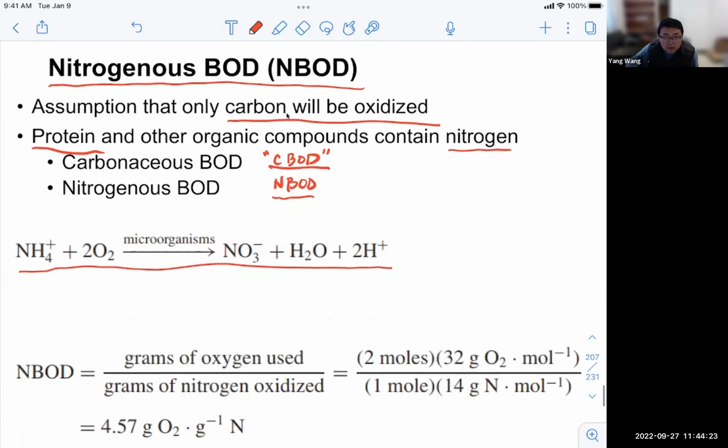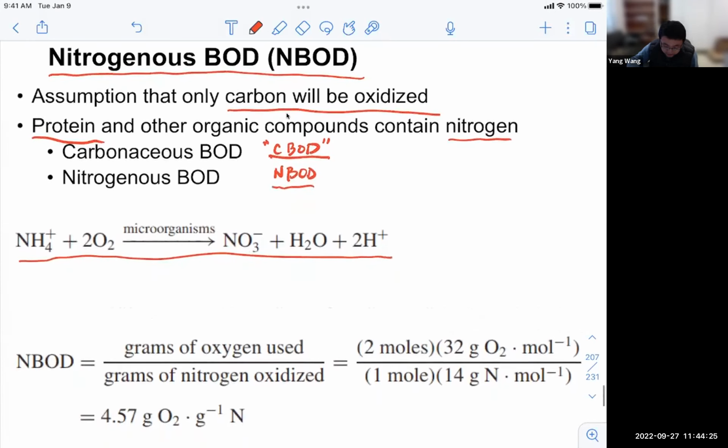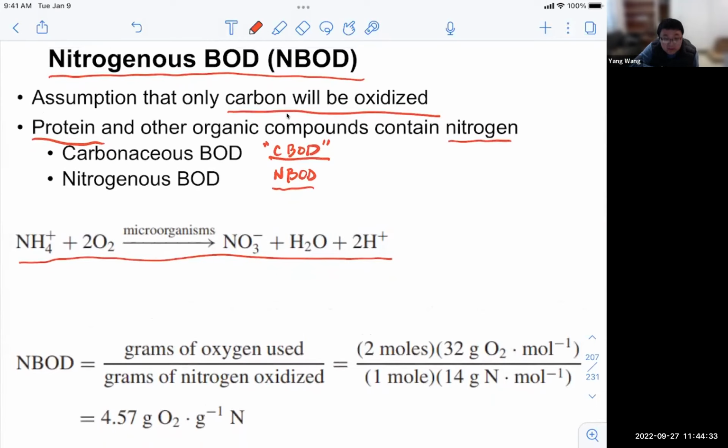In terms of calculating the NBOD, we can just use this equation here. So it's more like a theoretical calculation, right? So if you see from this equation here, this is already balanced. You have one ammonium ion. It's going to react with two oxygen molecules, right? So if you check the number of the atoms, on the left-hand side, you have one nitrogen, right-hand side, one nitrogen, right?